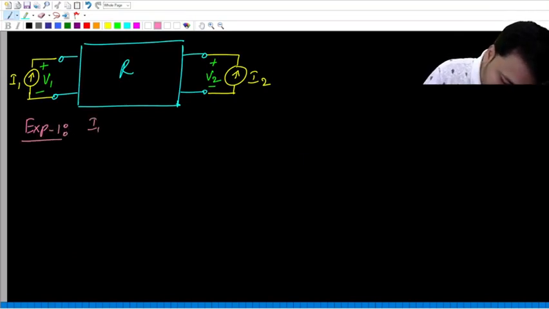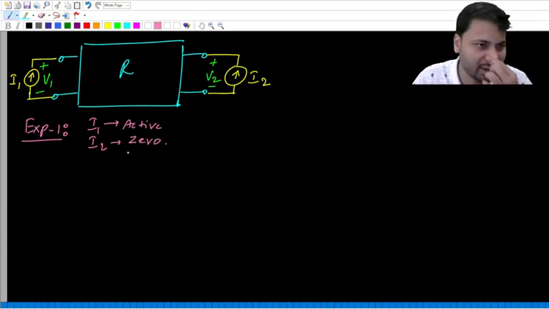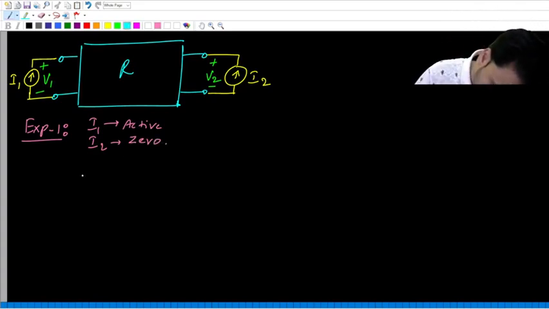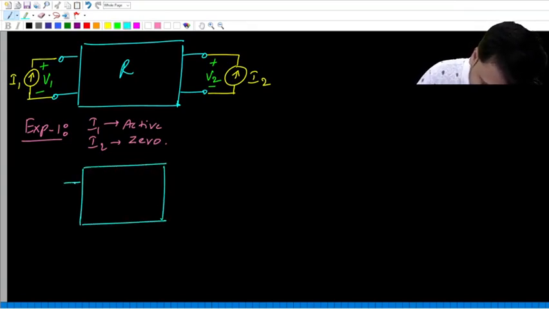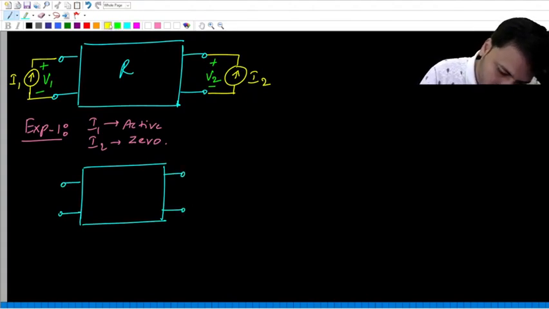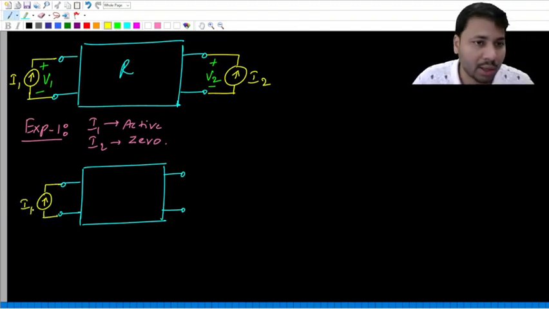In the first experiment, the current source I1 we will keep active, and the current source I2 we will make 0. This is I1, and the other current source you make 0.